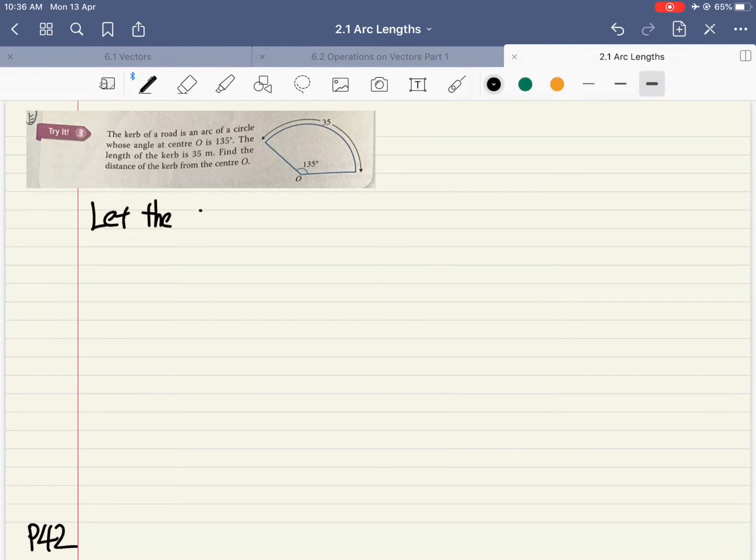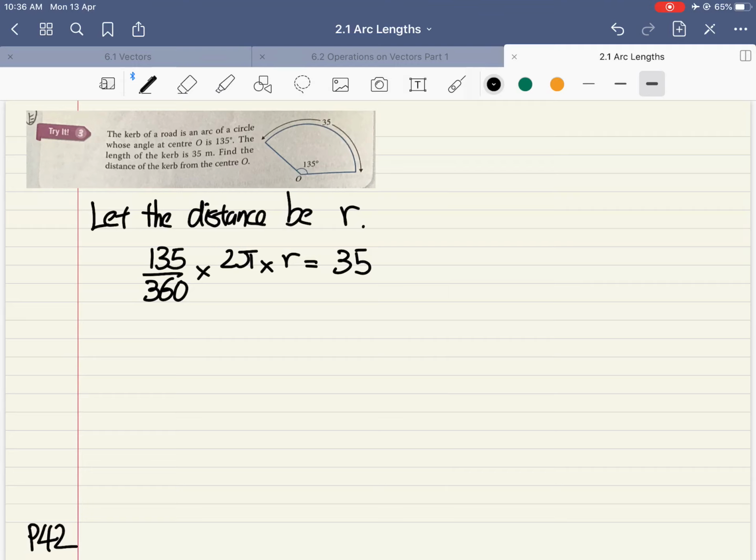Let the distance be r. If I apply the formula, x over 360 times 2 pi r equals arc length, I say 135 over 360 times 2 pi times r equals the arc length of 35 meters.